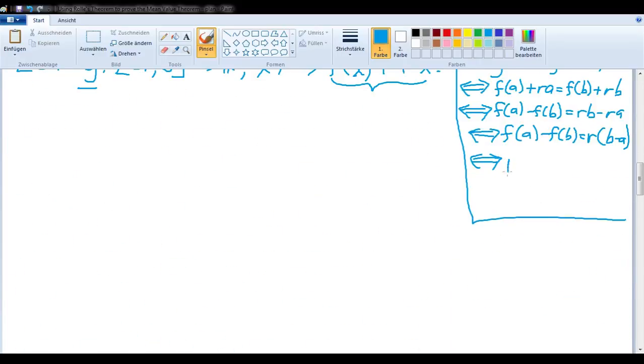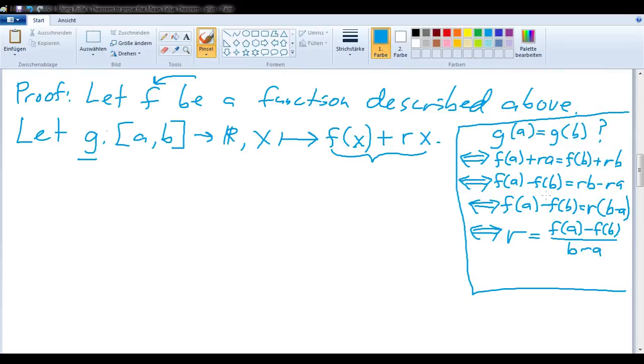So we have r equals f of a minus f of b over b minus a, right? So now we know what r would have to be equal to so that g of a is indeed equal to g of b.